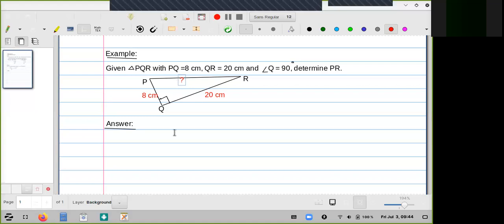So according to Pythagoras theorem now, I'm now going to solve the problem. Pythagoras theorem says what?